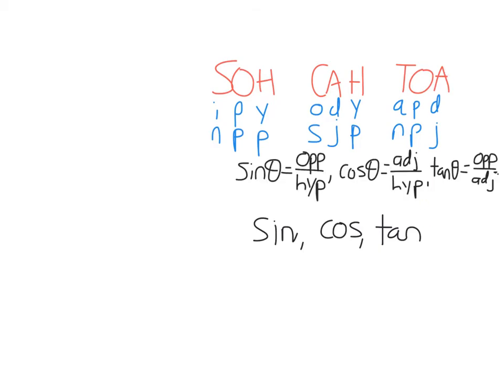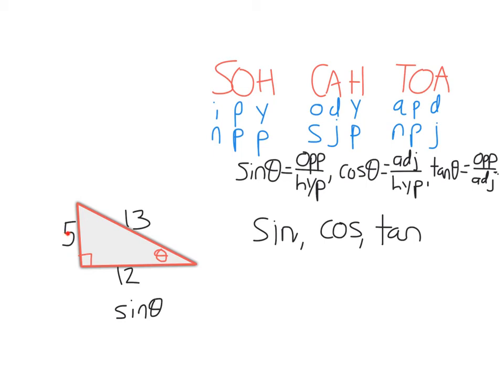So we just have to get used to using these ratios. This is the kind of question we would be going through in this lesson. Let's say we have this right-angled triangle here, with an unknown angle marked theta. The value of sine theta is opposite over hypotenuse. Opposite is the one facing it. Hypotenuse is the one facing the right angle, the longer side.